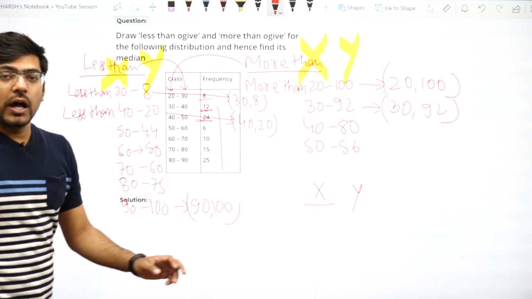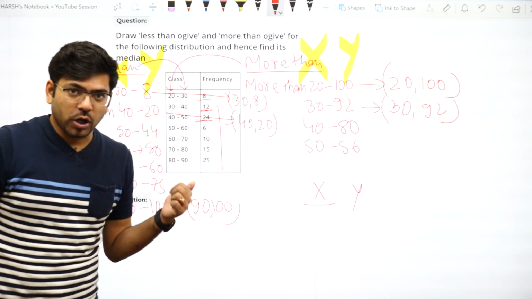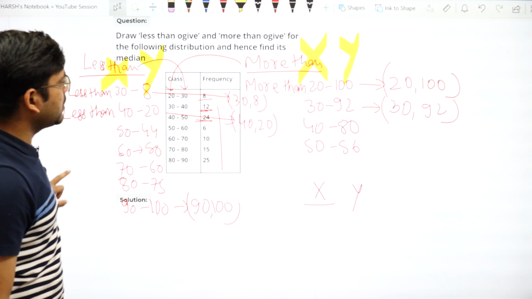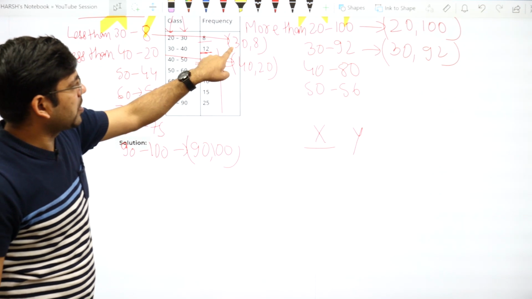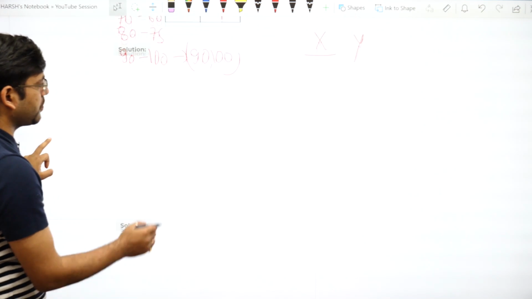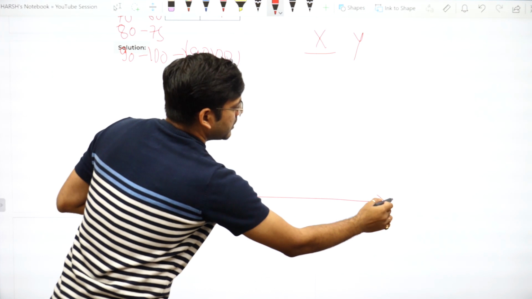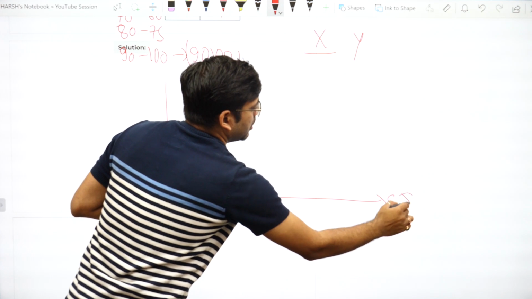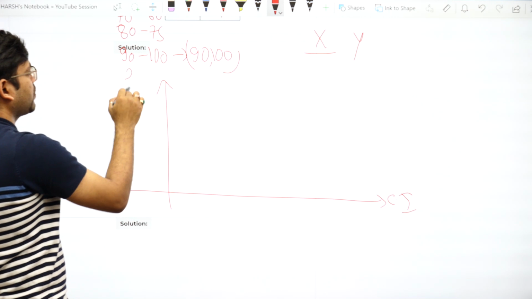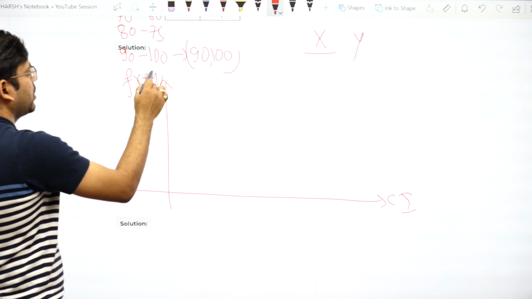And so on. Now once you draw the graph of this, I'll just tell you how it will look. First, just remember 30, 8, 40, 20. So I'll just form a graph here. Say for example, this will be the class interval, x coordinate, and this will be the frequency, y coordinate, isn't it?